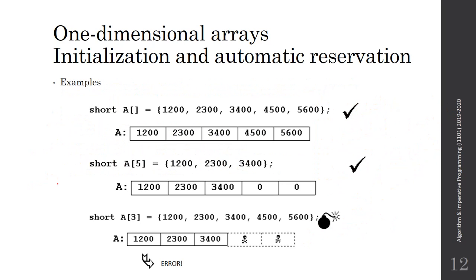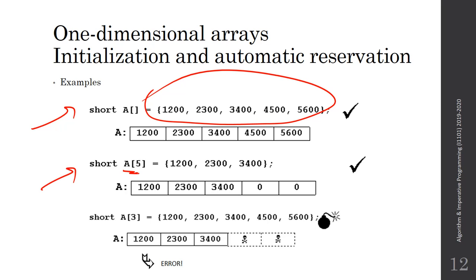As an example, here we have an array where the size is not specified. So in memory, the compiler will reserve 5 elements of type short, since it's all initialized. Here the size is set, so we have 5 elements, and the user just initialized 3 of these.